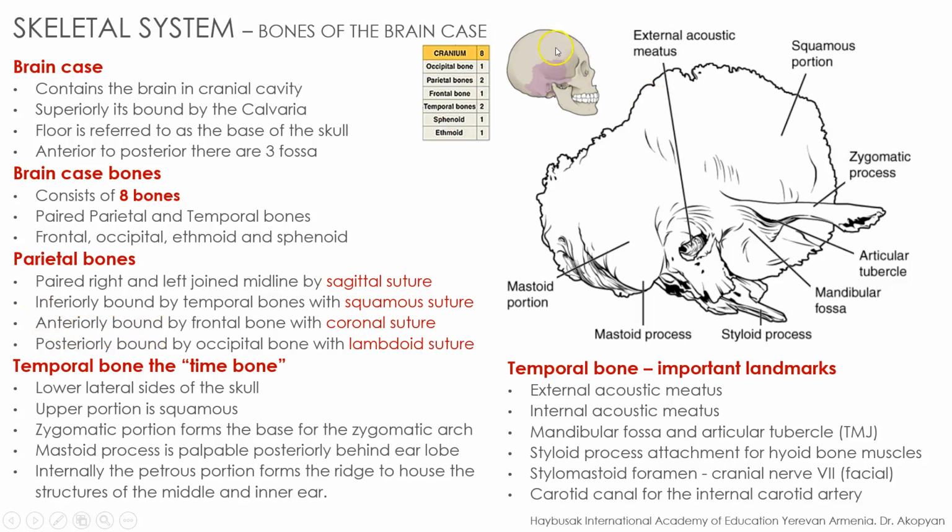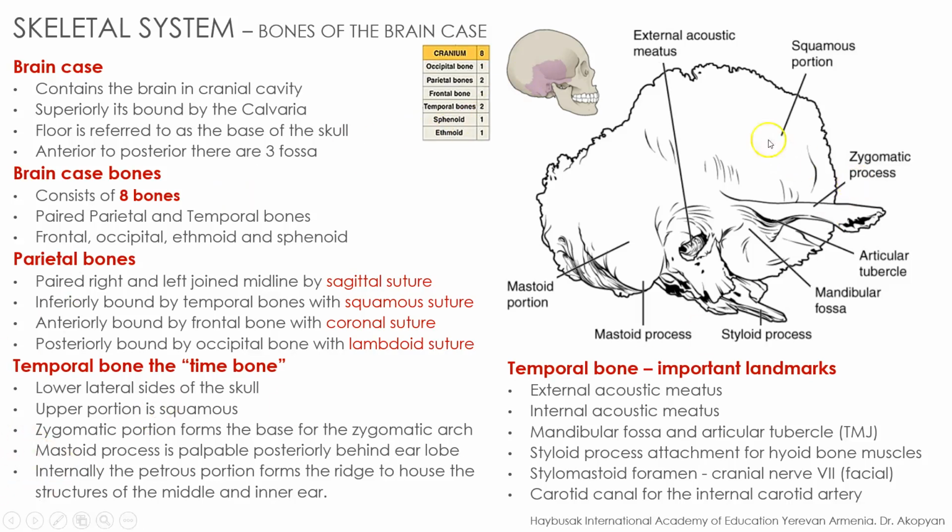Anteriorly, they are bound to the frontal bone via the coronal suture, and posteriorly, they're bound to the occipital bone via the lambdoid suture. These are the temporal bones, which we will study in 3D next.